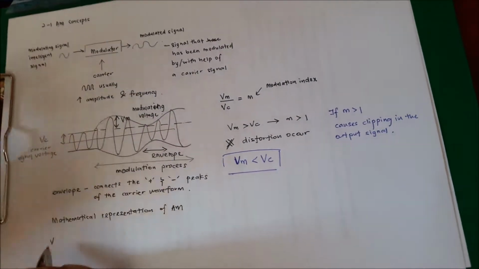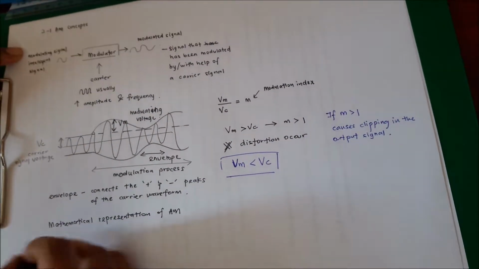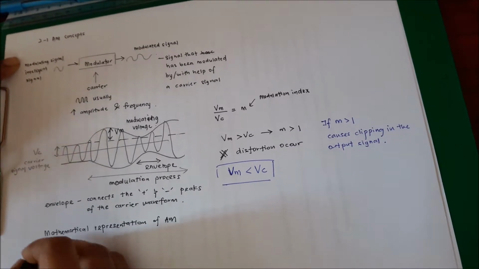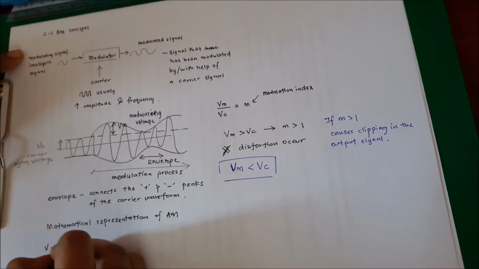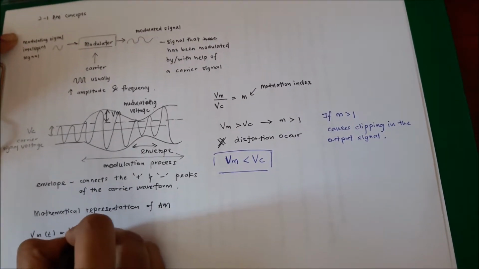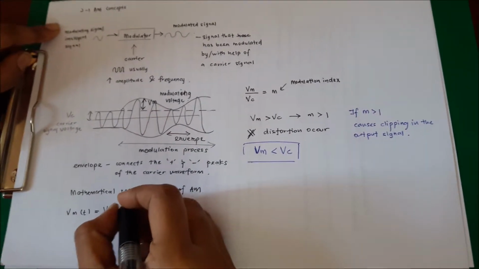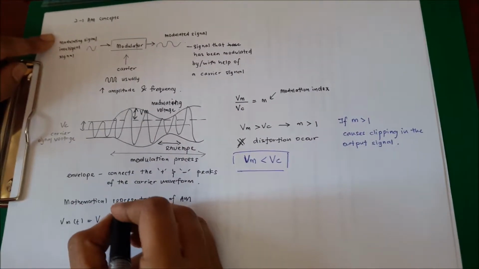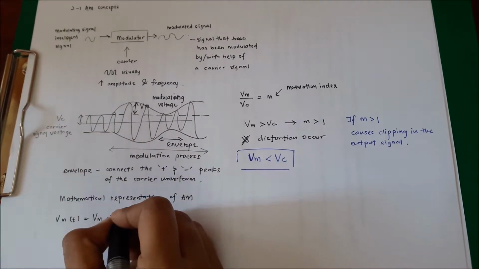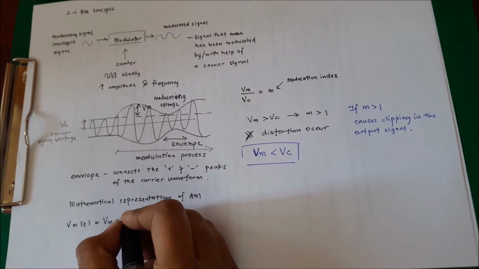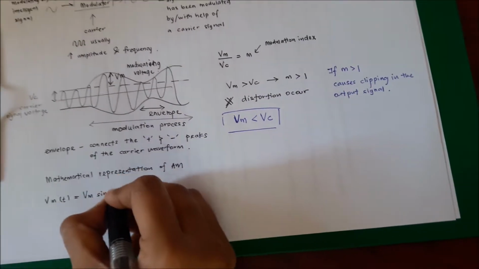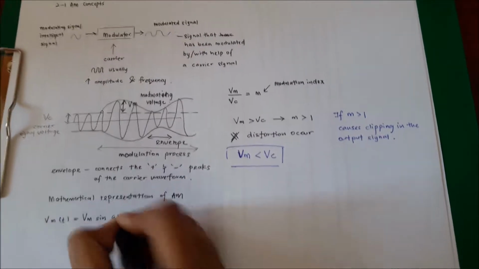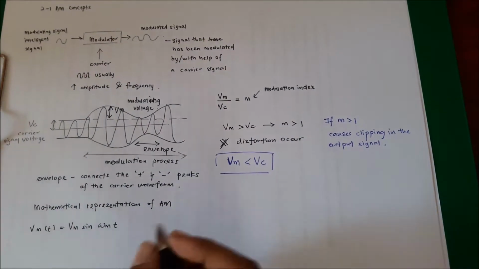At first you were looking at your modulating signal, which is coming in this form: Vm(t) is equivalent to Vm sine omega m t.